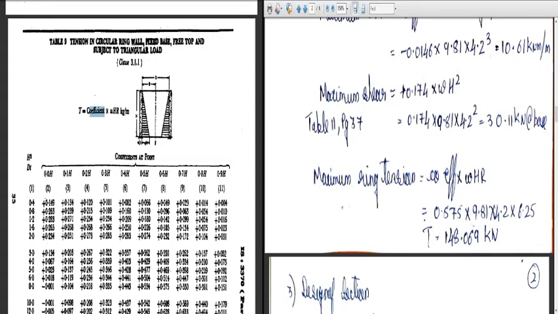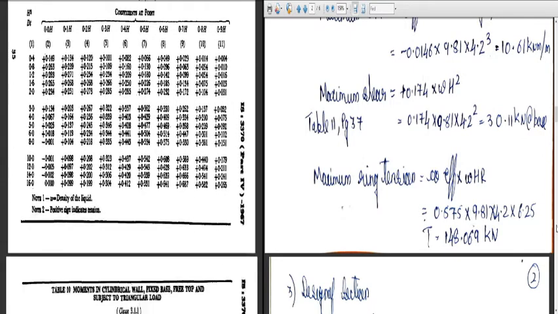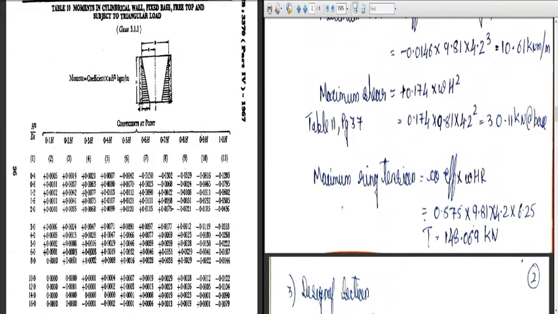Now let us see the other parameter, Table number 10. Table number 10 gives the bending moment here: moment in cylindrical wall, fixed base, free at top and subjected to triangular load. So how do we get the moment? Moment is nothing but coefficient into W H cubed, kg meter per meter.